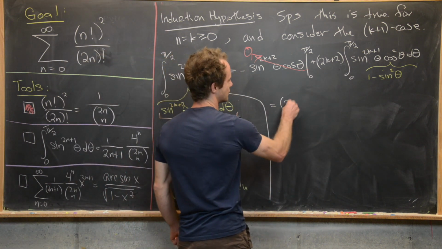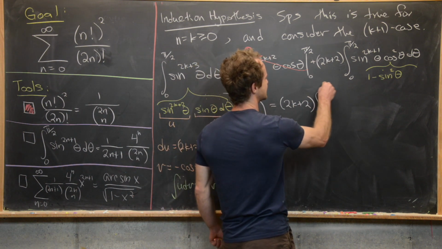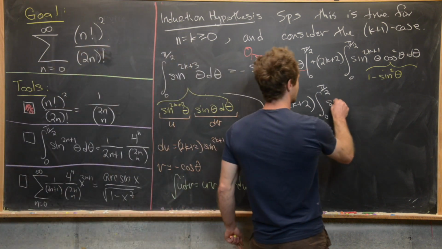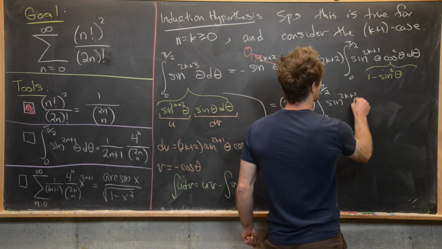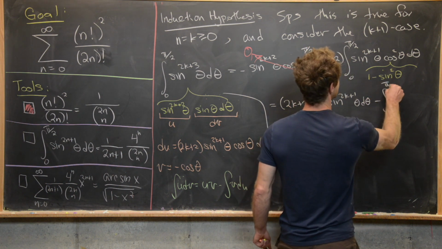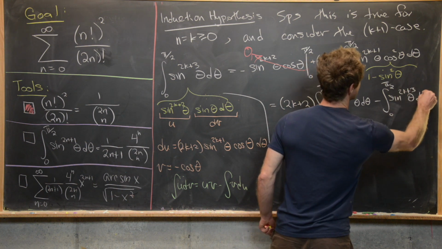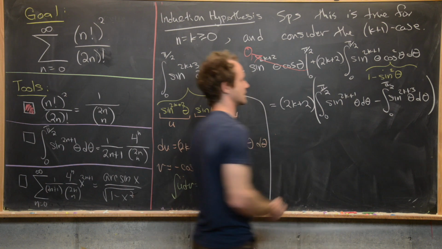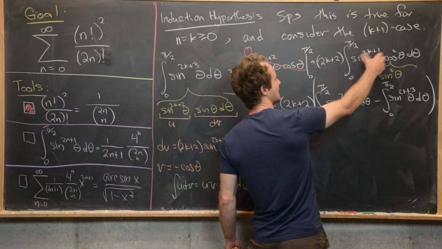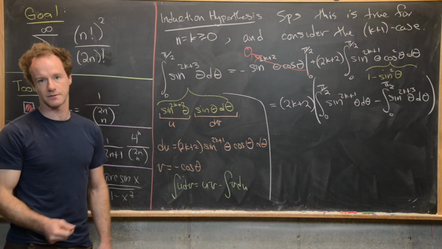So this is going to be equal to the quantity 2k plus 2 times the integral from 0 to pi over 2 of sine 2k plus 1 theta d theta minus the integral from 0 to pi over 2 of sine 2k plus 3 theta d theta. And let's put some parentheses around this. So what I did here is distributed this sine 2k plus 1 onto the 1 and the sine squared and then split it up into two integrals.